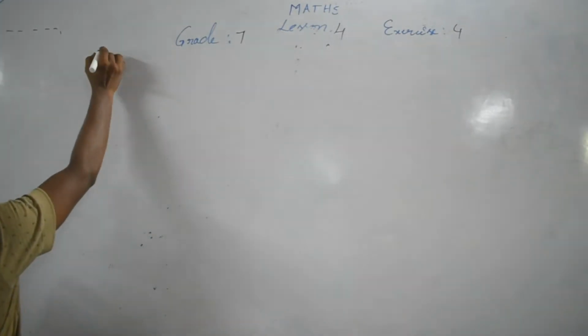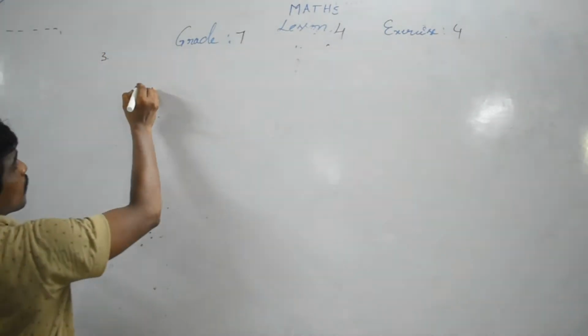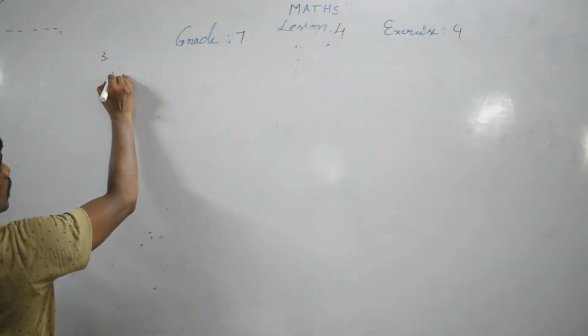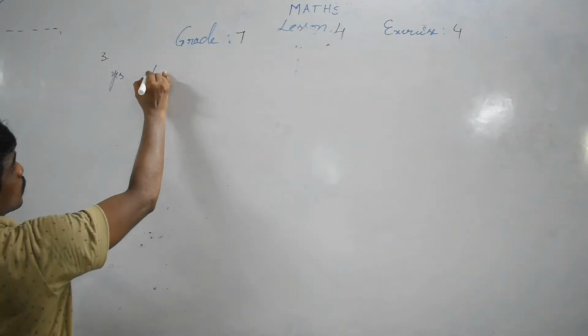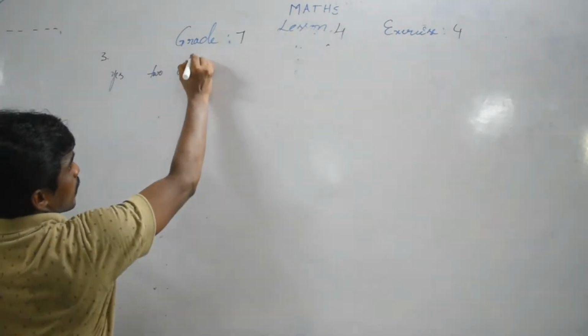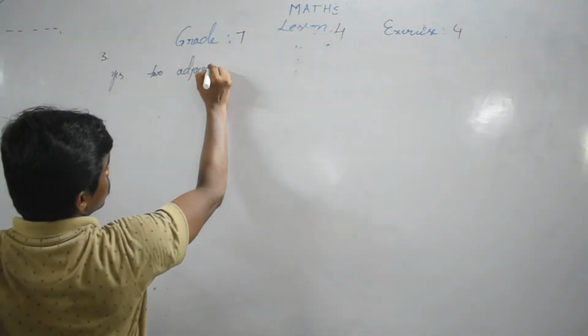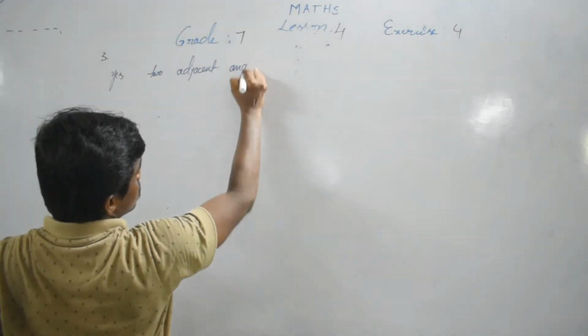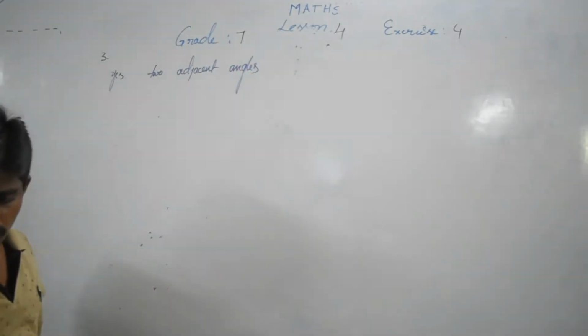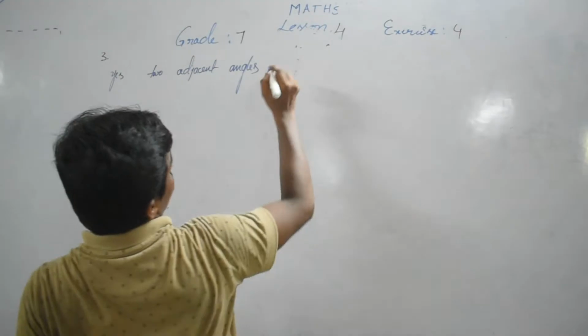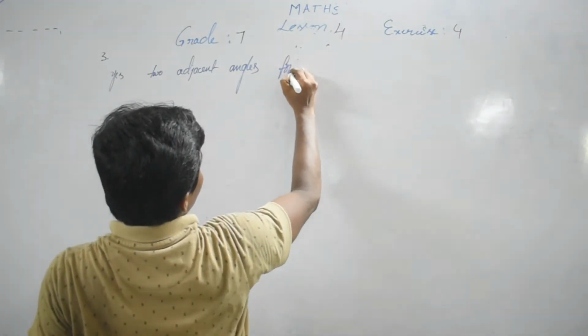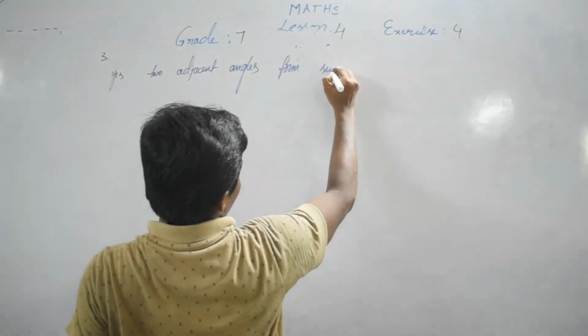Easy. Third one, C. Yes, two adjacent angles can form a supplementary angle.